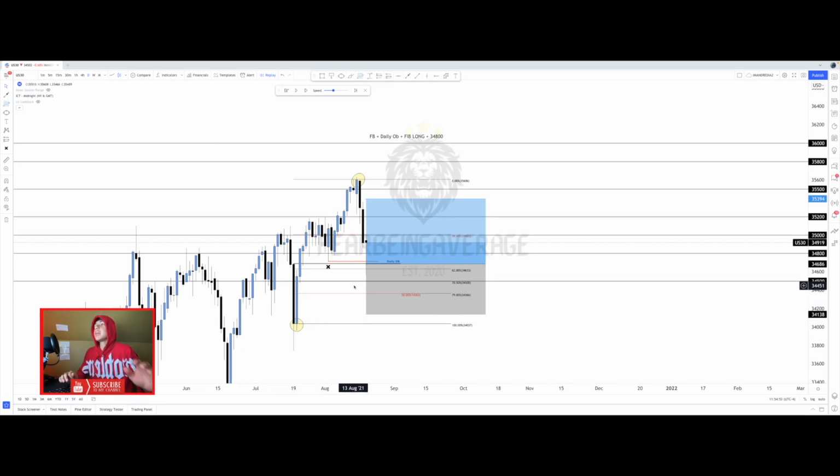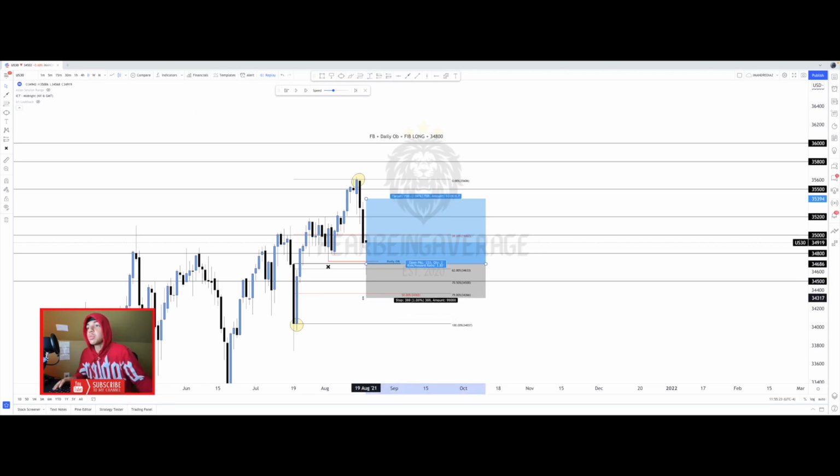Understanding the 50%, or the midpoint, of order blocks, if price comes past and goes lower than the midpoint, the probability of this order block being traded through is going to be higher and more likely. But as long as price stays above the 50% of this daily order block, or any order block for that fact, the chances of it still being respected and going your intended direction are going to be higher.